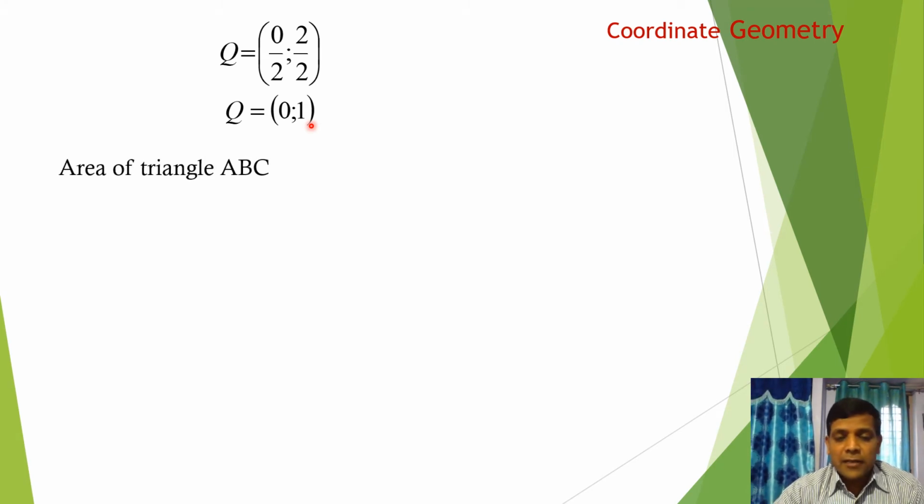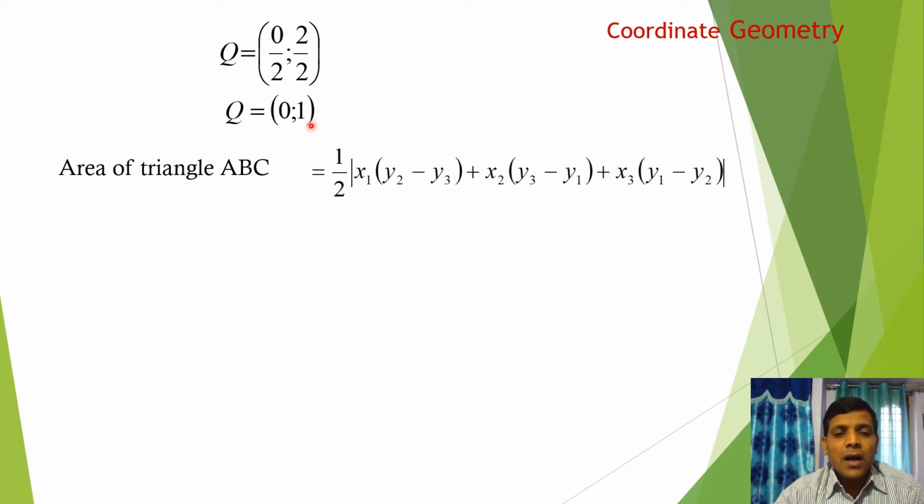So the area of a triangle, we know, equals half mod of x1 into (y2 minus y3) plus x2 into (y3 minus y1) plus x3 into (y1 minus y2).